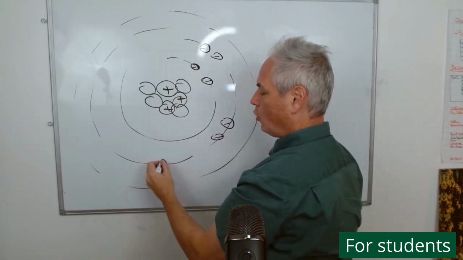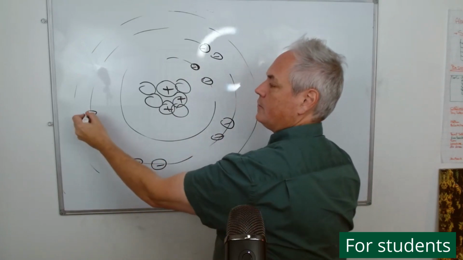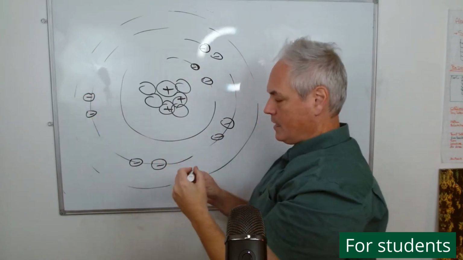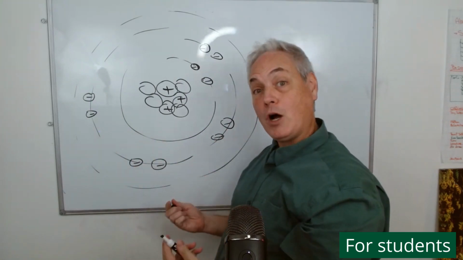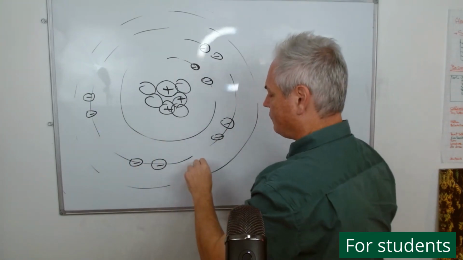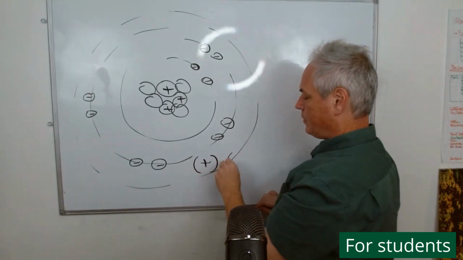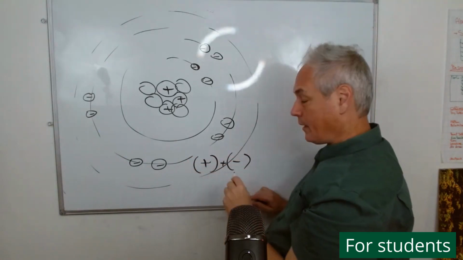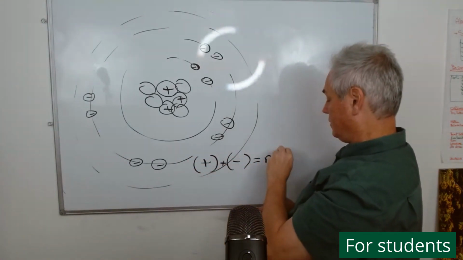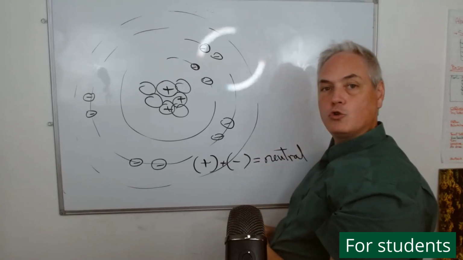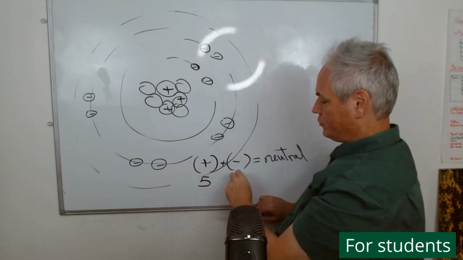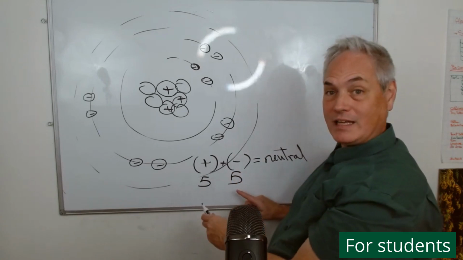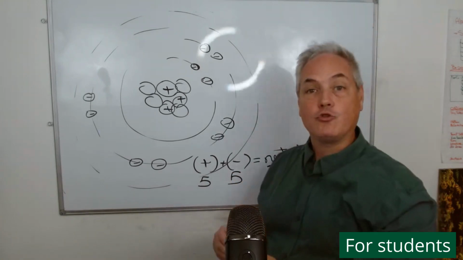I'm not going to draw the whole particle here, but it's just to say that we usually have the same number of positive as negative charges, because the plan is always to aim at neutrality. If you have 5 positive charges, you have 5 negative charges, and it makes it neutral.